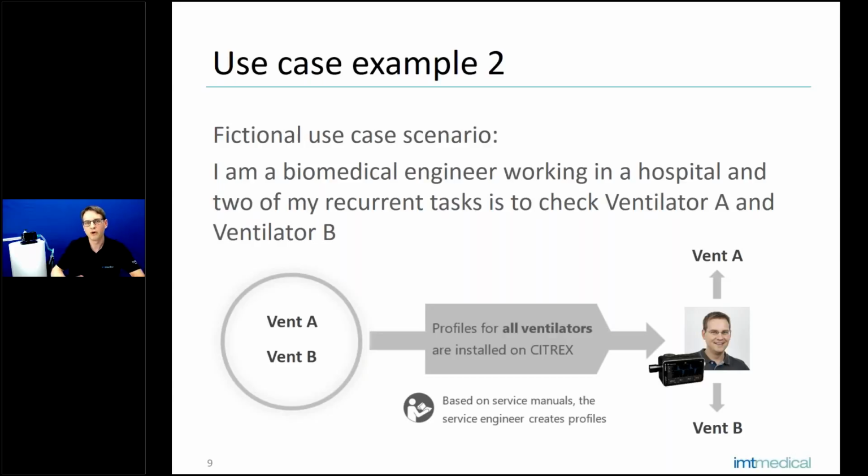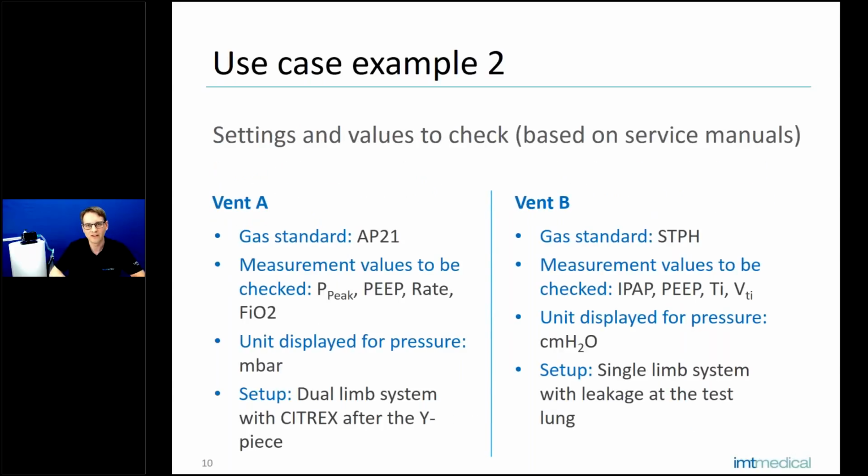So let's suppose I have the following information. My ventilator A uses gas standard AP21, while my ventilator B uses gas standard STPH. Then the numeric values to be checked in ventilator A are P-peak, PEEP, rate, and FiO2.